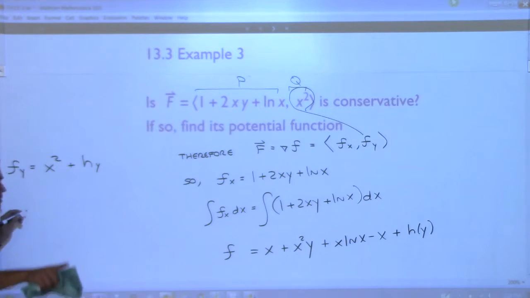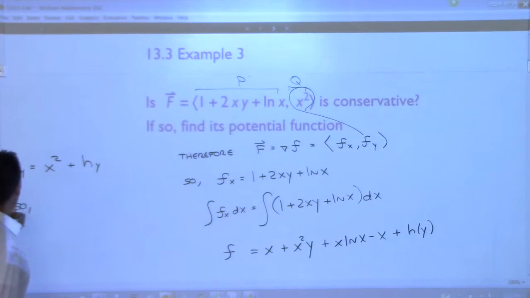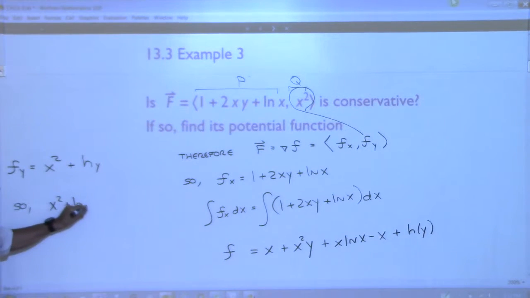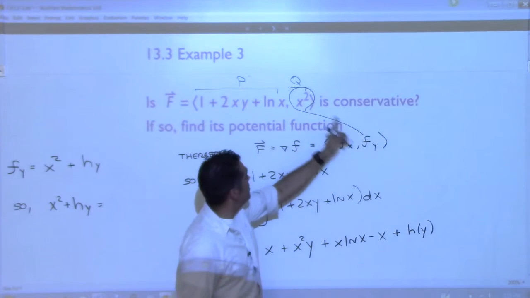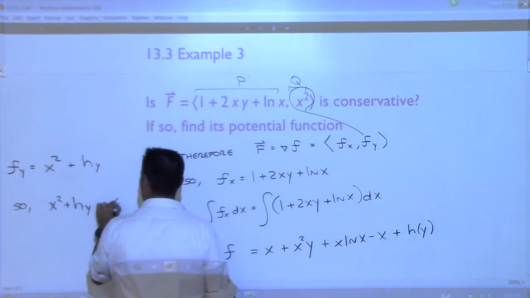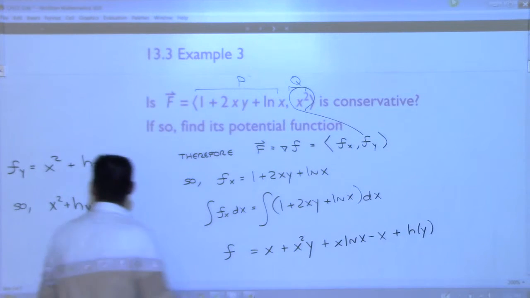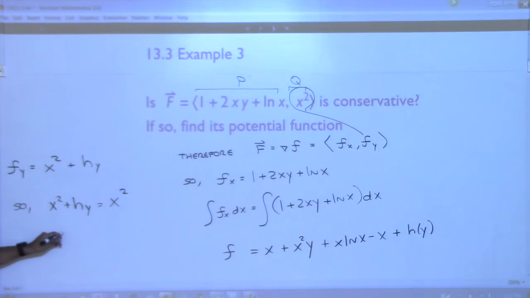We're good? All right, so we need this to match up with what the partial of f with respect to y is supposed to be, which is x squared. And what does that mean? The partial of h with respect to y is 0.